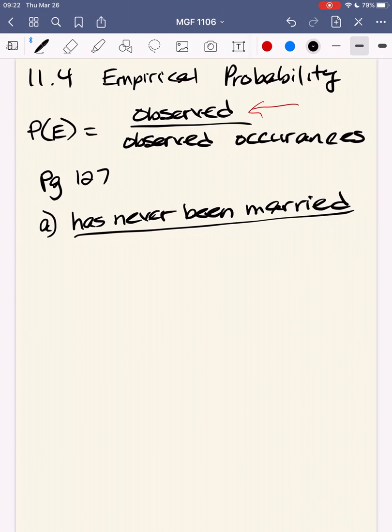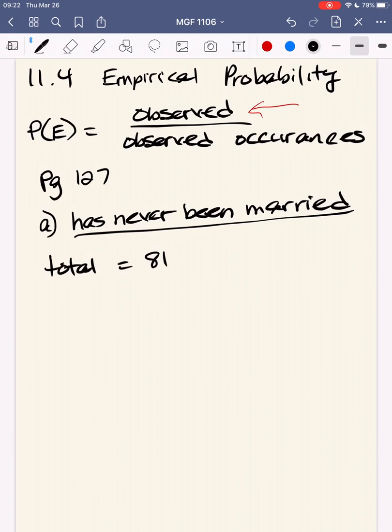If we look under never married and go down to the last one, the total, that gives us the total for all the population that has never been married, which is 81. We have a total column for all of them: married, never married, divorced, or widowed.